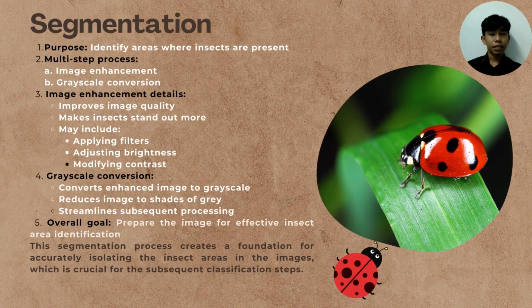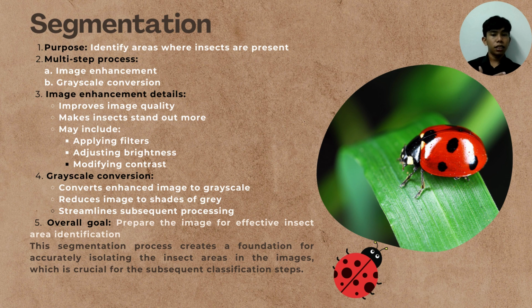Now is segmentation. Segmentation identifies areas where insects are present. The multi-step process is, first, we use image enhancement, and next, we use grayscale conversion. Image enhancement improves the image quality and makes the insect stand out more, so it can be detected and analyzed. Next, we apply filters, adjust the brightness, and also modify the contrast.